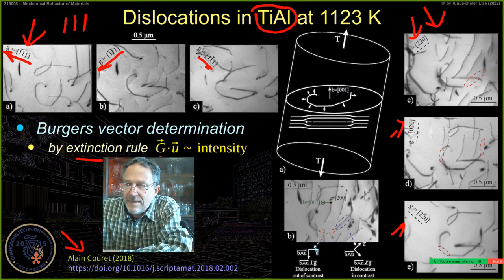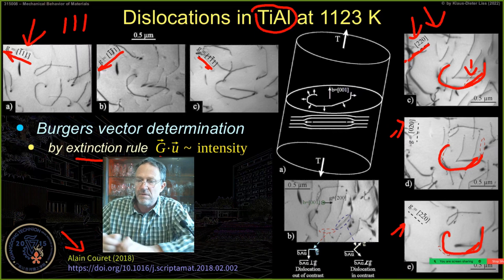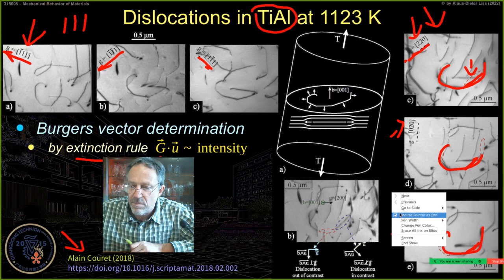And so we have the scattering vector here, and some dislocation which we see here is missing in the first picture. And here at the very bottom, you see the same loop every time. Here's the same loop, here's the same loop, and here's the same loop of dislocation, or part of a loop.